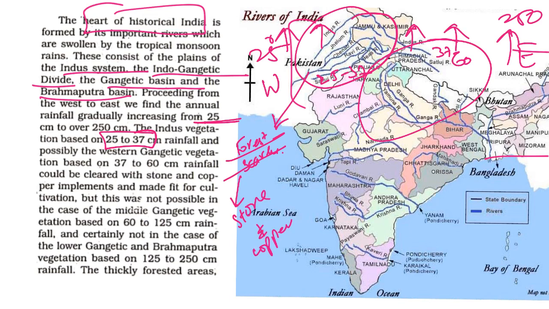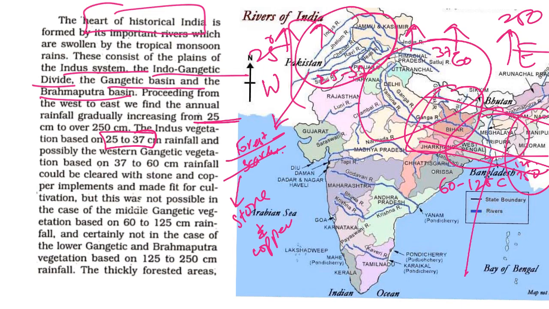But as we move towards the east, especially in the middle Gangetic region and the eastern part, the rainfall comes around 60 to 125 centimeters. In the Brahmaputra region, if we go further, the rainfall will amount from 125 to 250. That means it will be a thick forested area. This thick forested area cannot be cleared by using stone and copper.